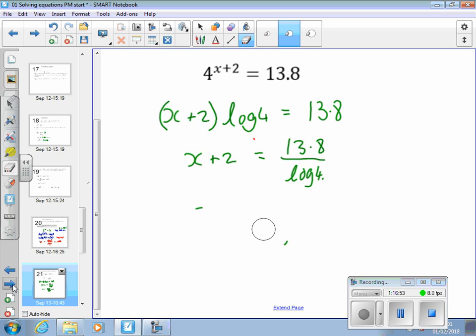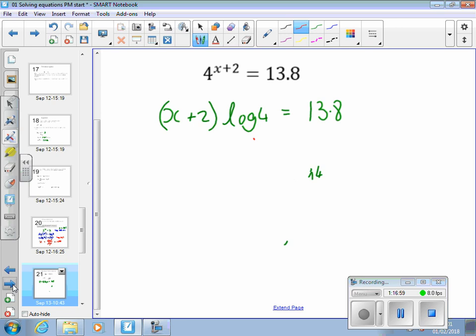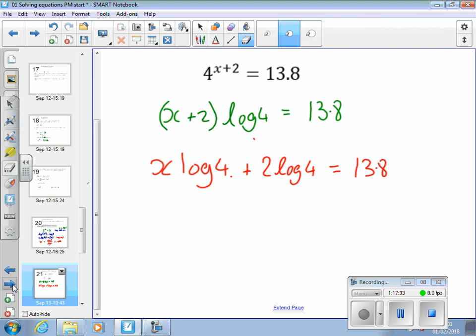Let me show you what's been done. He's multiplied out those brackets, so he's gone x log 4 plus 2 log 4 is equal to 13.8. And then that's what he's done, taken the log side.